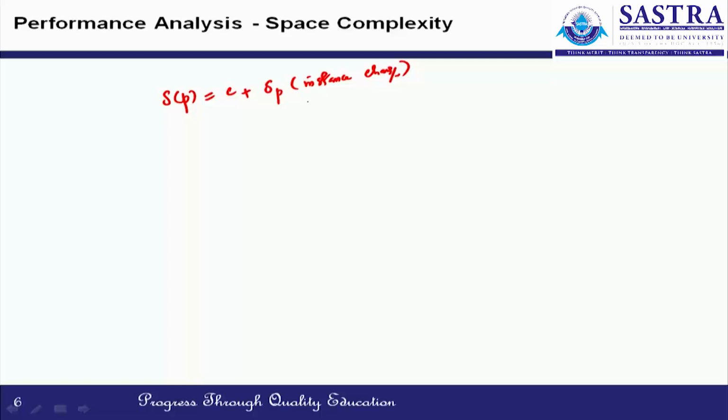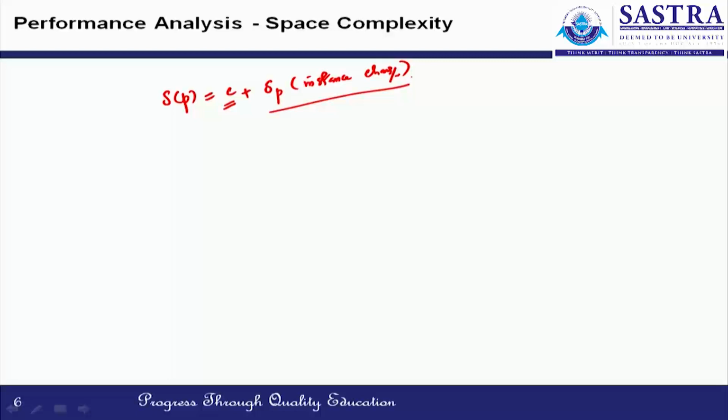Since the fixed part memory is completely independent of the problem instance characteristics, let C represent the fixed part memory and S_P of instance characteristics define the variable part memory.